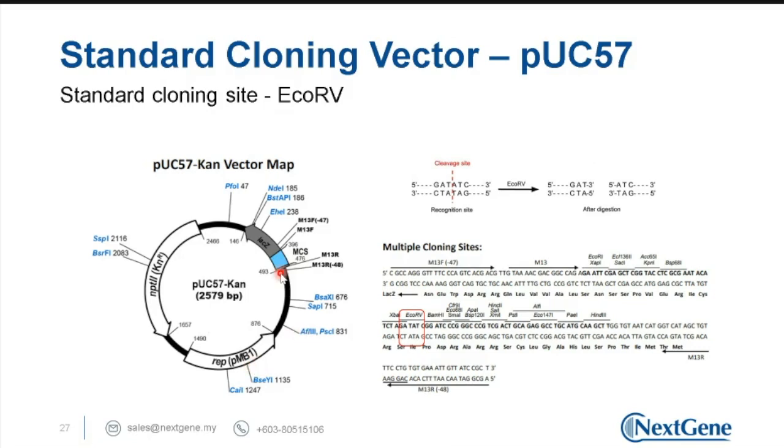For applications like PCR control, most of the time you do not need to release it or remove the backbone or transfer it to another expression vector. In that case, it's okay not to include any restriction enzyme site in front of or after your sequence of interest.